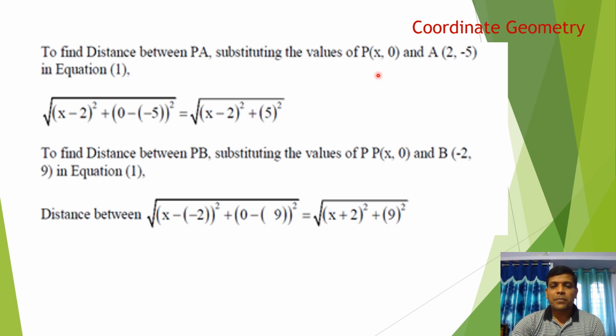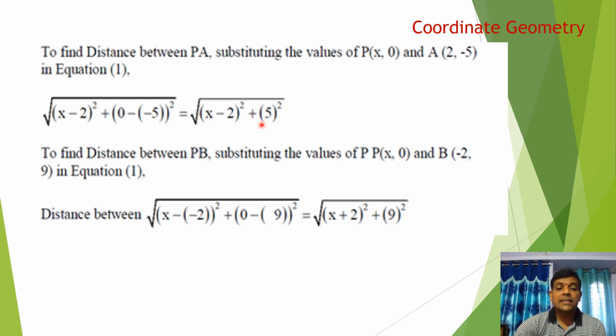So write down the coordinates: x1 equals x, y1 equals 0, x2 equals 2, y2 equals -5. Substituting in the distance formula: root over (x minus 2) whole square plus (0 minus of minus 5) whole square. This is written as root over (x minus 2) whole square plus (0 plus 5) whole square, which is 5 square. This is the distance between P and A.